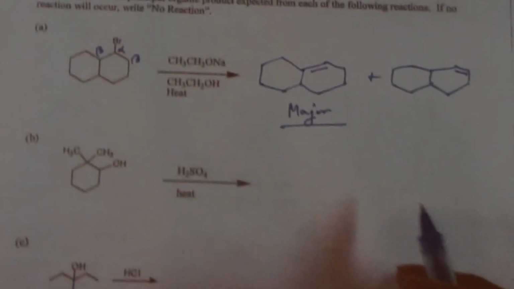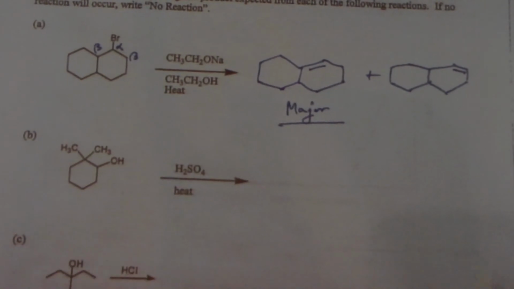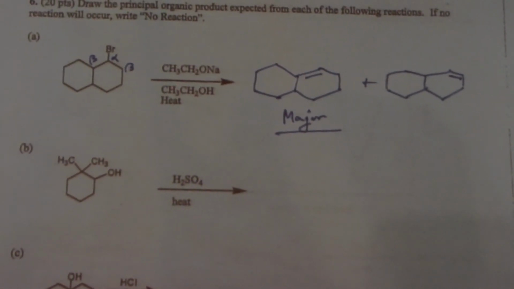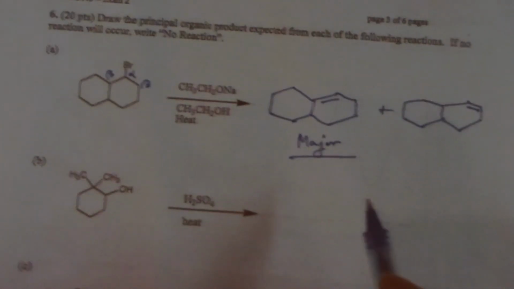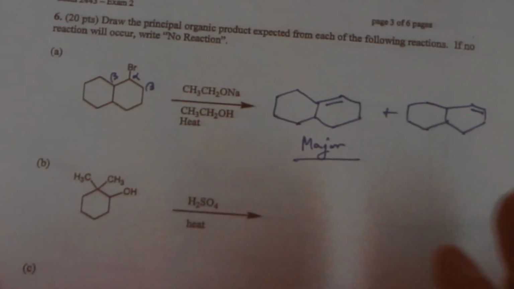If you just write the products without indicating it, then you will lose points. In some cases, it is acceptable to write only the major product, unless I ask for that specifically.